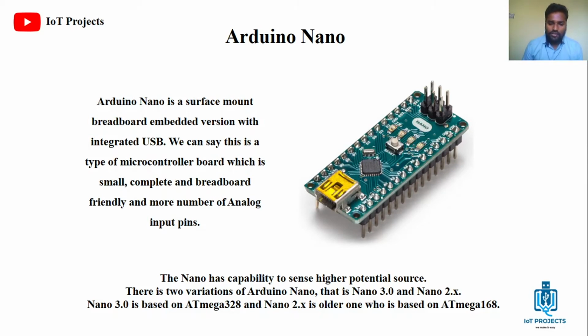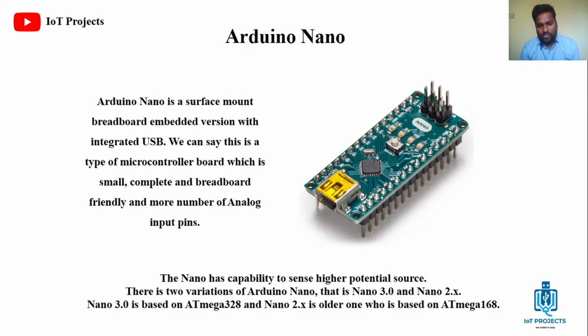There are two pins, pin number 30 and 27, from which we can provide input voltage to Arduino Nano, and another is this USB B type port. From there also we can provide the inputs. But this Arduino Nano has the capability of sensing the higher potential source, and it can use that.